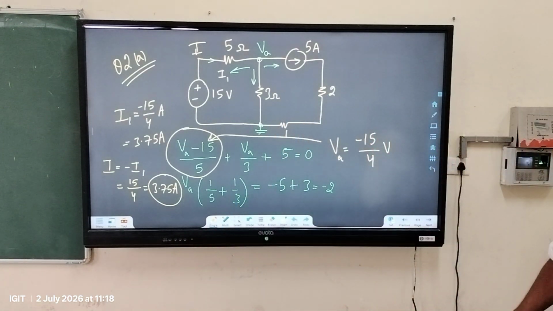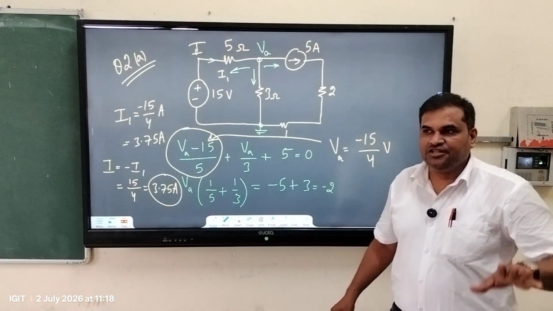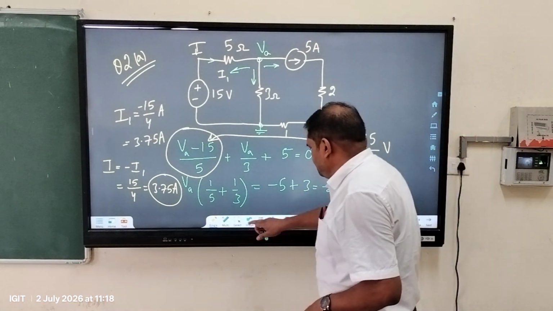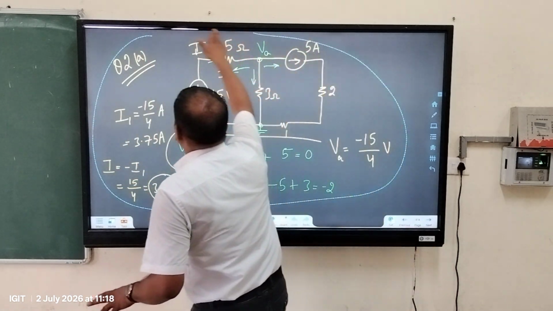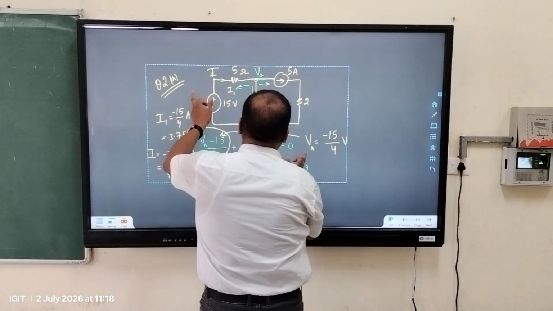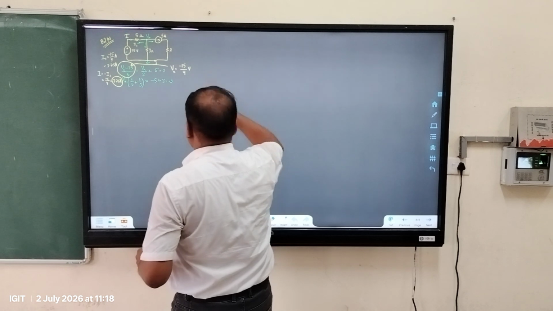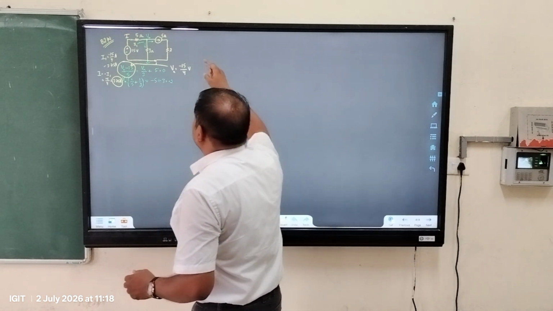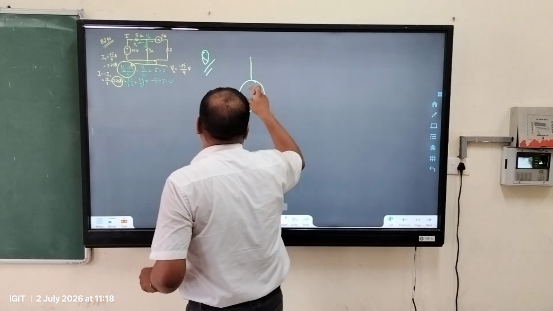Now the examiner asks for the same problem to be solved using Thevenin theorem, correct? So let me zoom this. Okay, let us redraw the circuit. Same question, let me redraw. You have a voltage source.